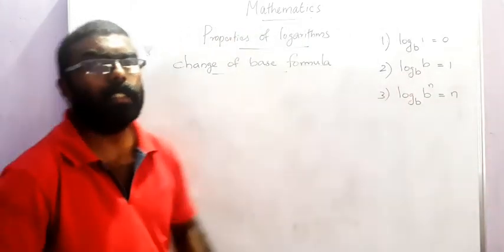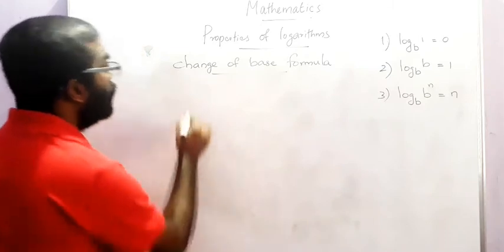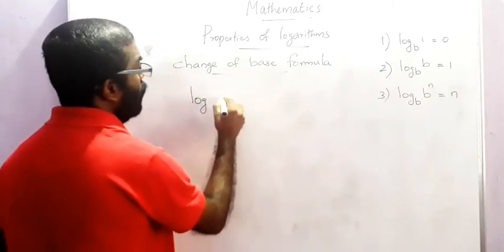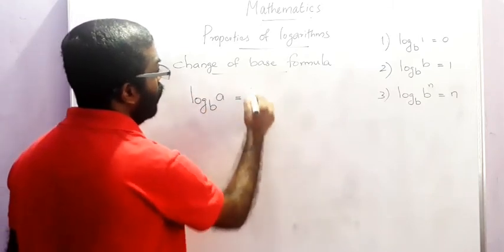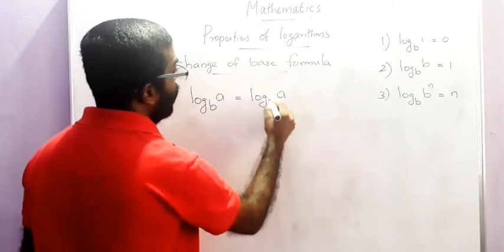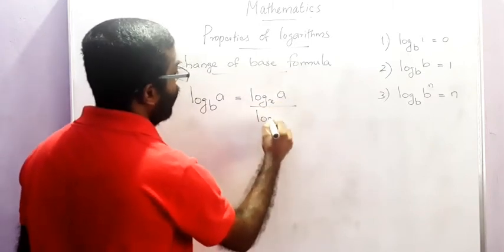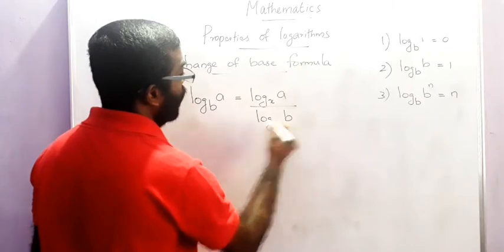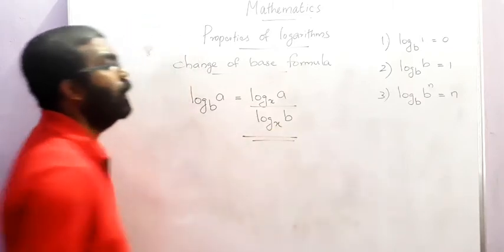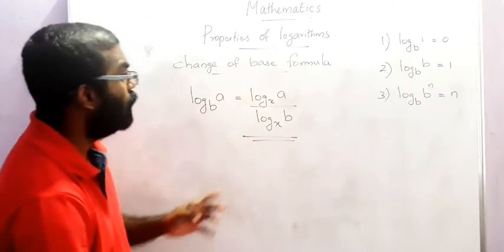Next one is the change of base formula, and it is log a to the base b is equal to log a to the base x divided by log b to the base x. This is what is called the change of base formula.